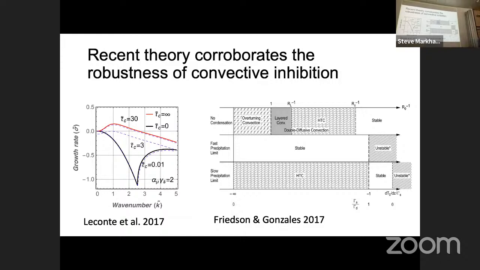You need to actually evaluate the stability under more realistic conditions where you have finite timescales on which vaporization and condensation and rainout can occur. And the upshot of these theoretical studies has been that this is not only stable against ordinary overturning convection, but also against double diffusive convection.